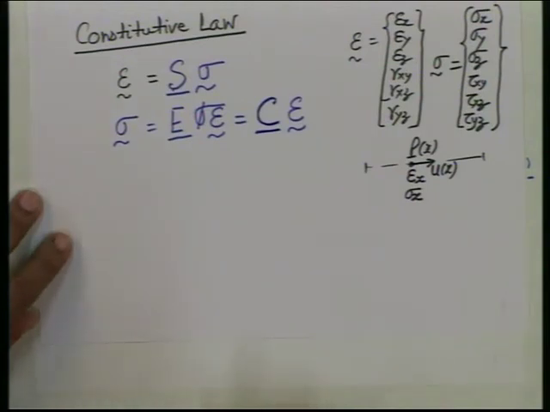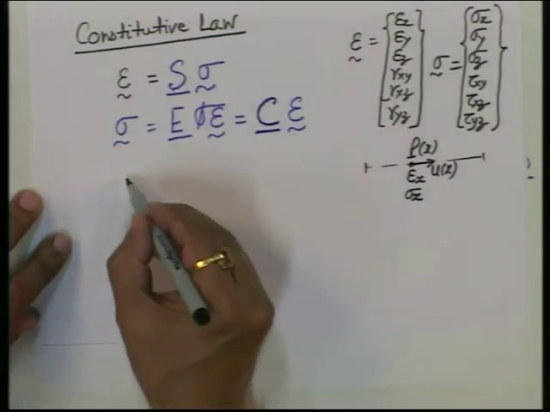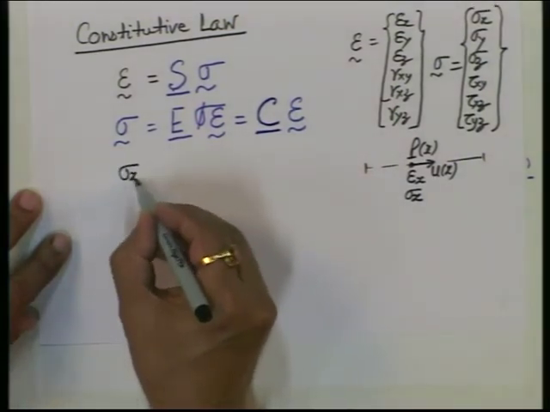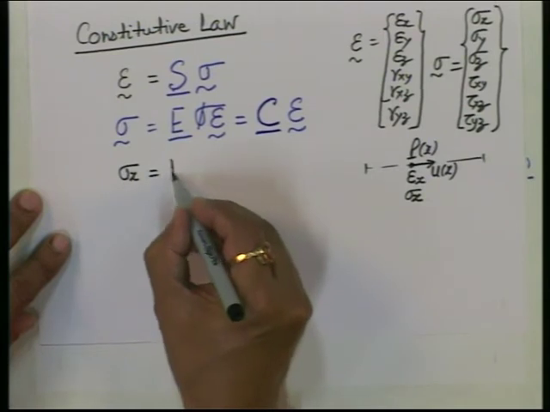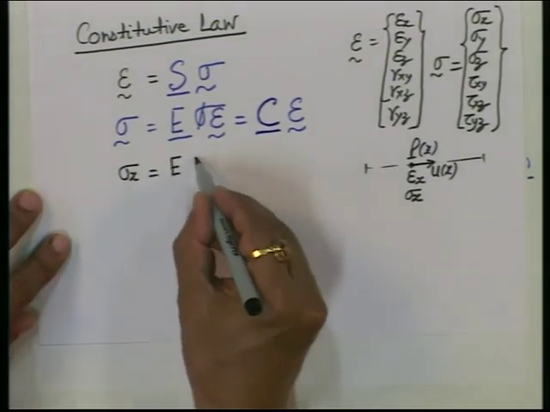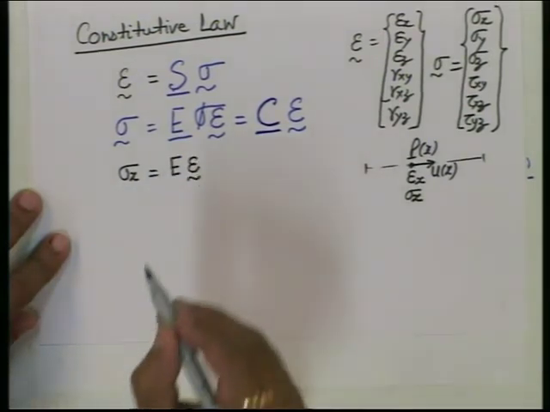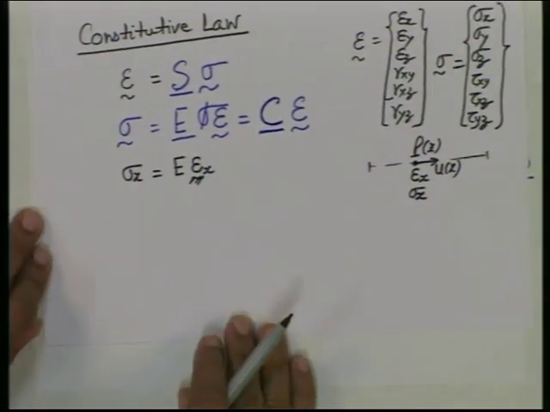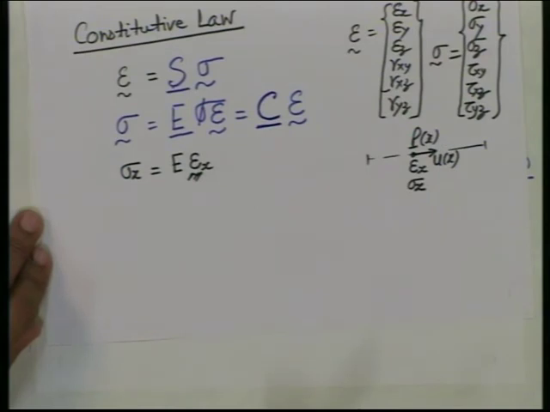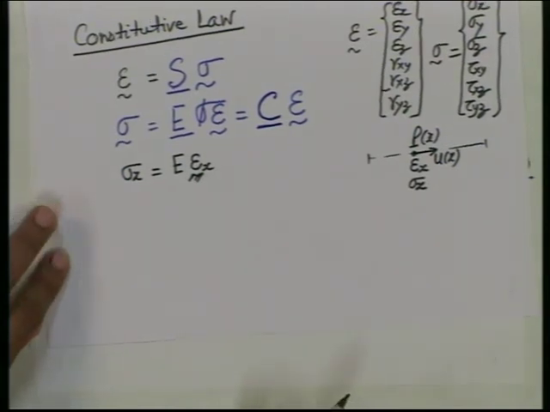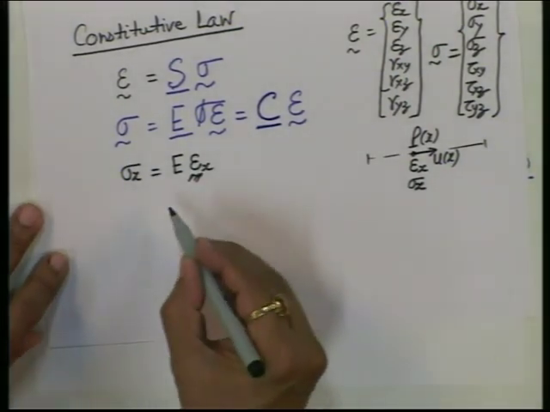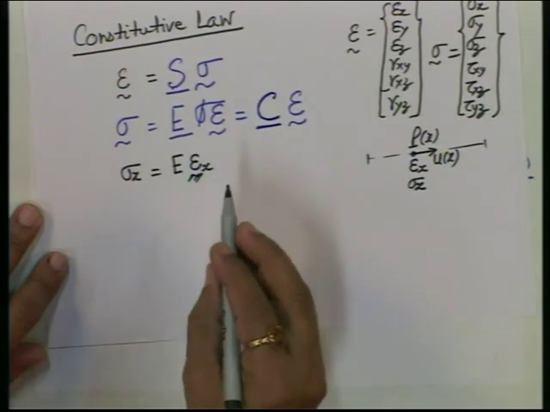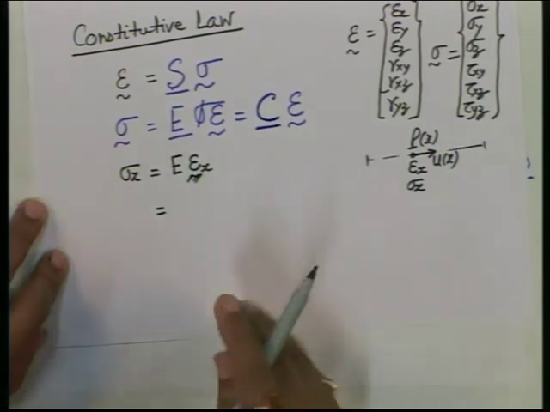Sigma x will be E, Young's modulus of the material, times epsilon x.